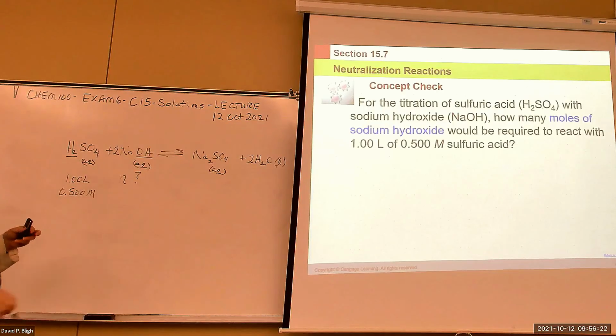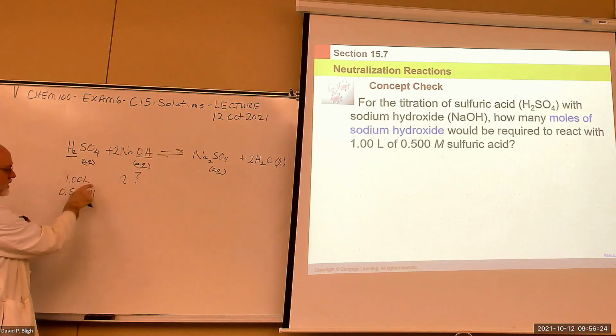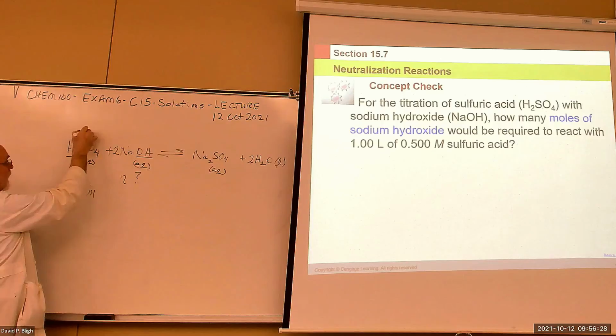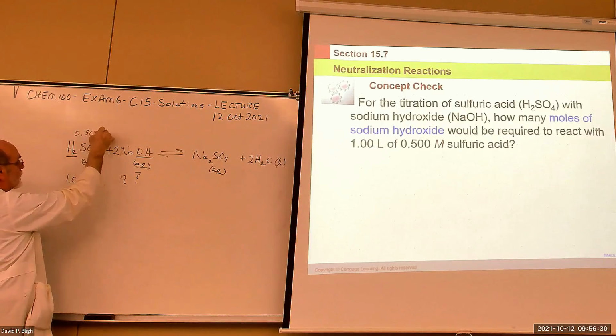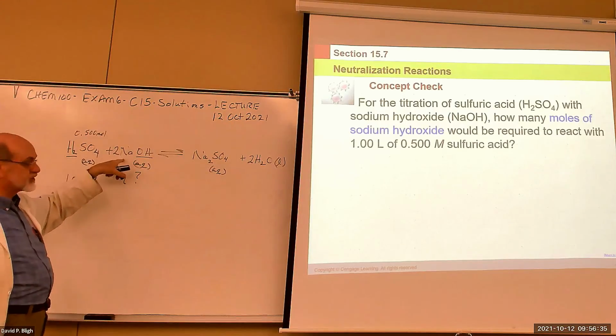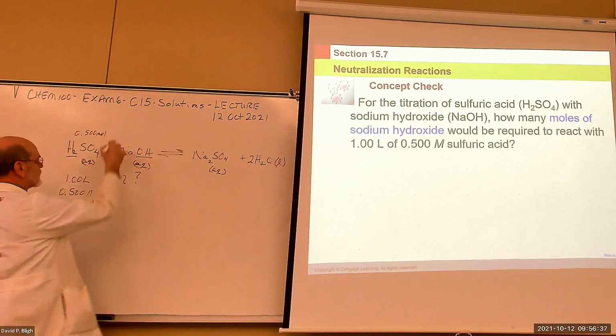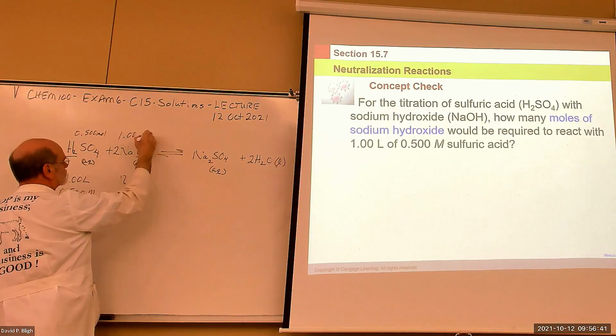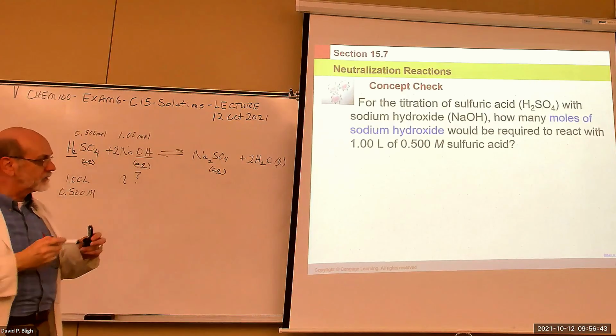We have to find moles. Molarity times volume equals moles. So that's 0.500 moles of that compound. But for each one of these, it takes 2 of those. So that means we need 1 mole of sodium hydroxide.